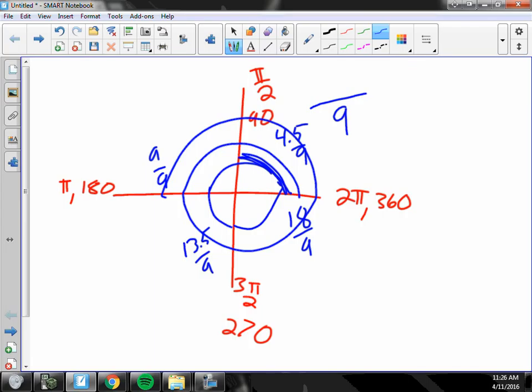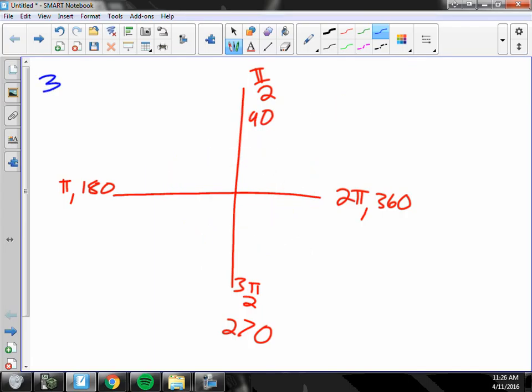Okay? So if I gave you the angle 3 pi over 4, is that going to land in the top half or the bottom half? The 3/4 of pi. The top half is a full pi. The bottom half is also a full pi. Did I complete a full pi?